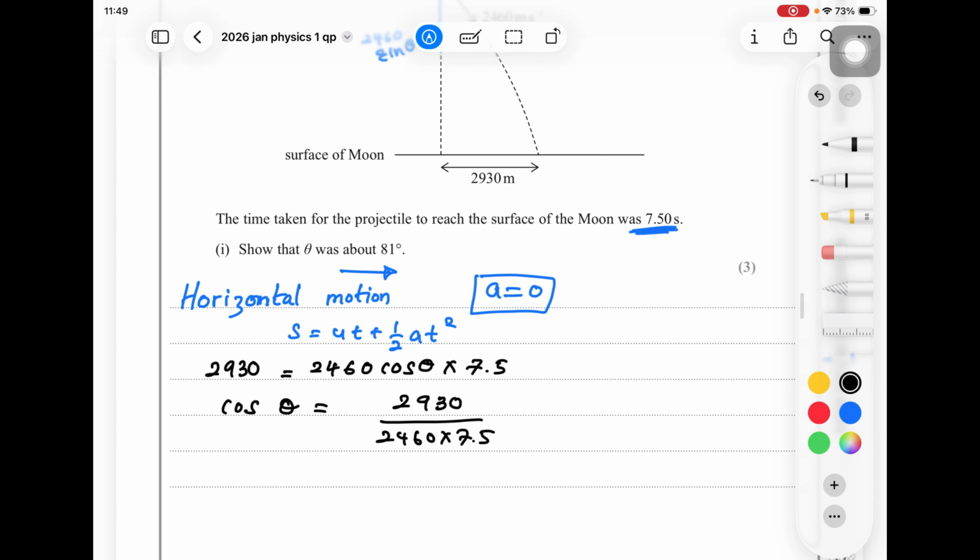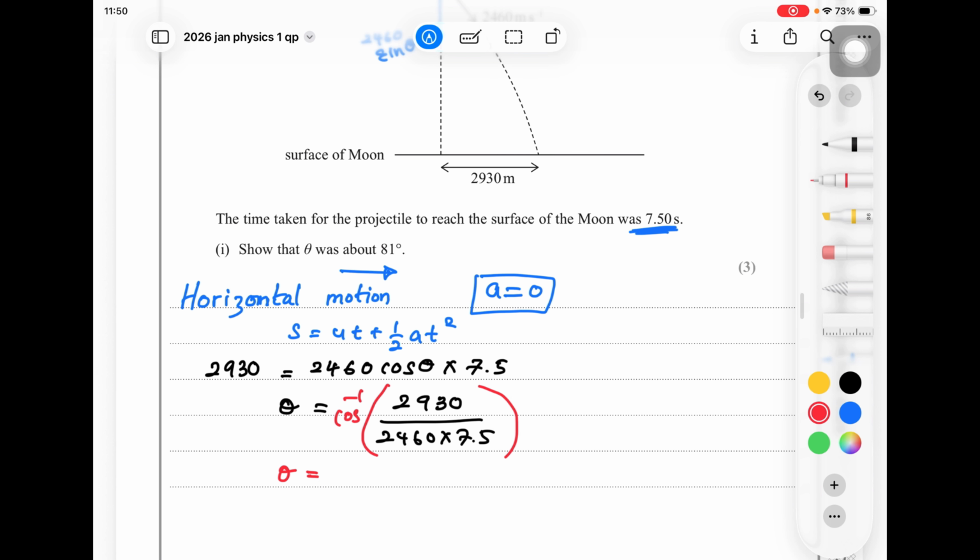To save time, I'll make cos theta the subject. Then we do cos inverse of this value, which gives you theta.